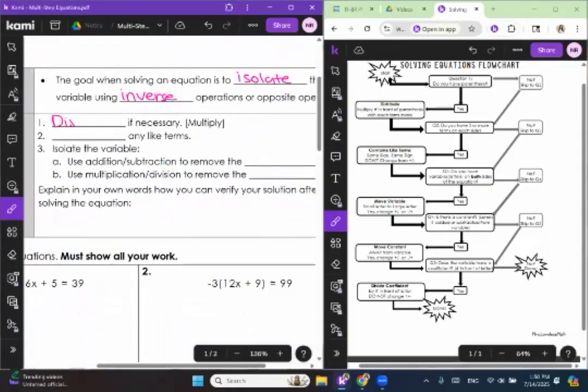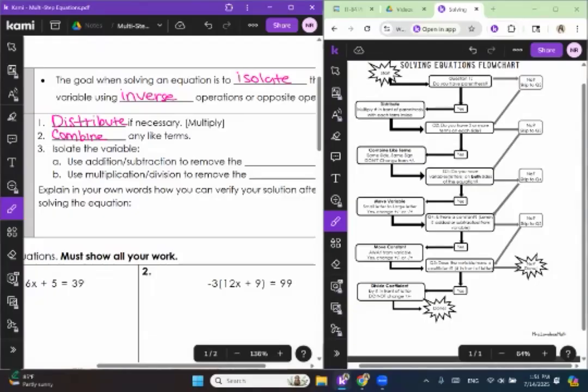You won't always have to, but that is what you do if there is a number in front of parentheses. Remember this. And distributing means to multiply. From there, you're going to combine any like terms. Once you distribute and combine your like terms, it will turn into a two-step equation.